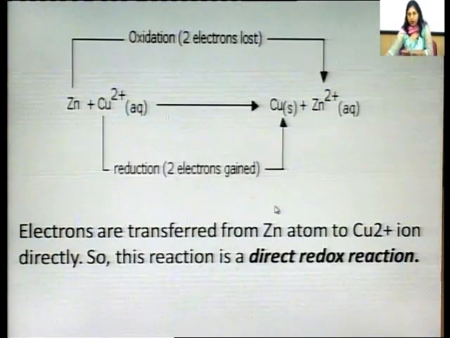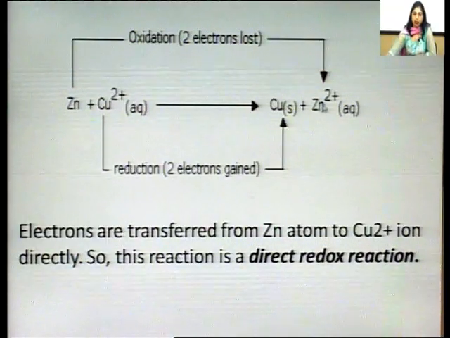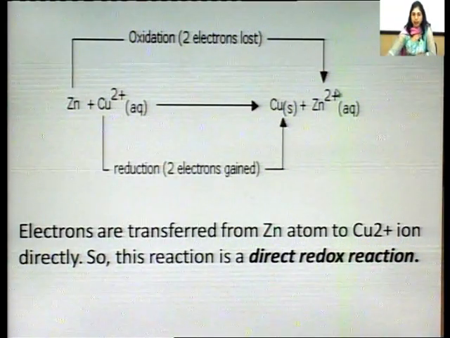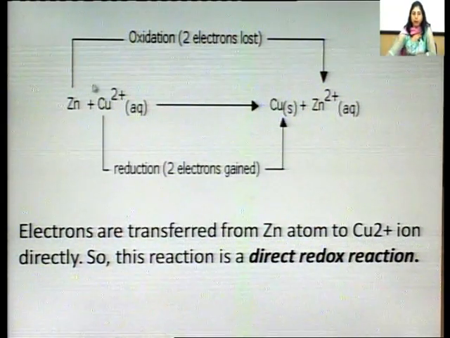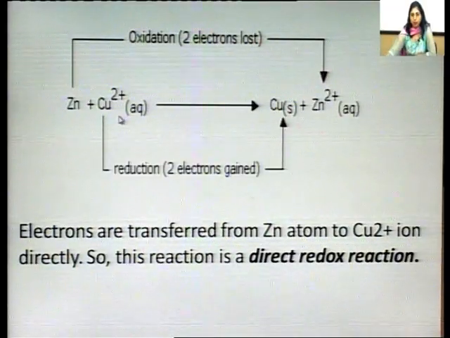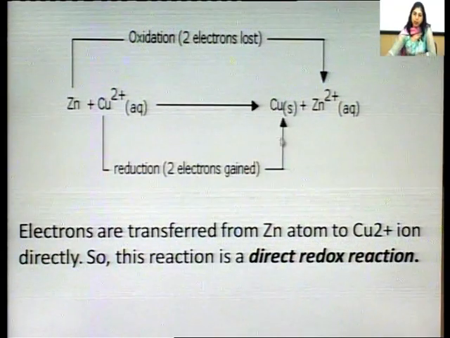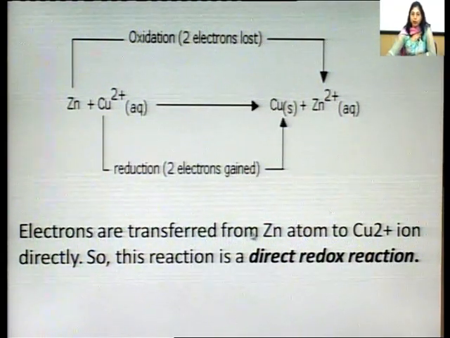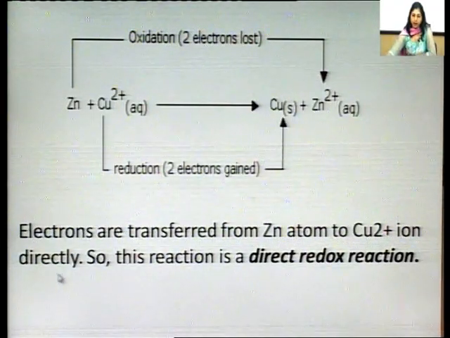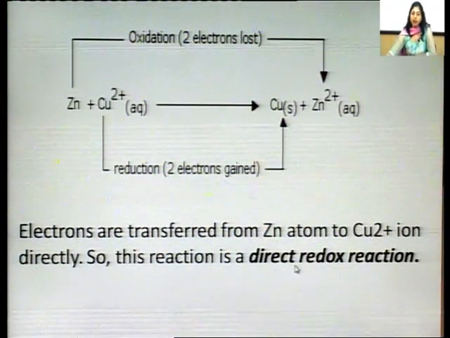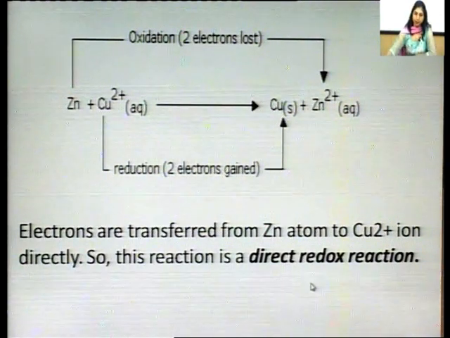We can also write the overall reaction: zinc is changing into zinc ions and the electrons lost by zinc are captured by copper ions of the solution and change into copper solid. So, these electrons are transferred from zinc to copper ions directly. That is why this kind of reaction is called a direct redox reaction.